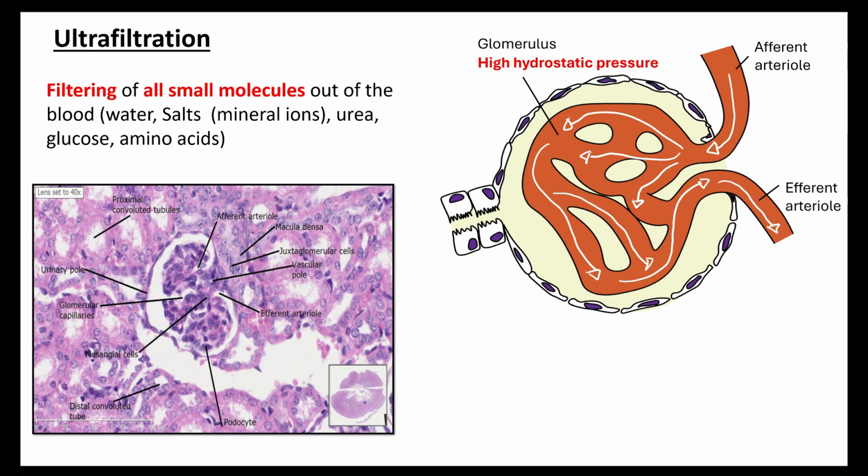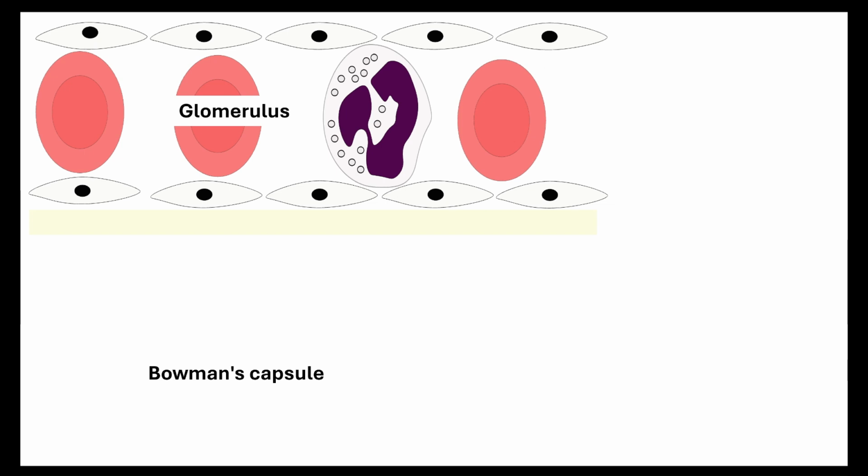The afferent arteriole is slightly wider, and what that means is it's flowing more blood into the glomerulus, and therefore less blood is flowing out, and that creates a high hydrostatic pressure. And that high hydrostatic pressure is going to allow these small molecules to be squeezed out and into the Bowman's capsule.